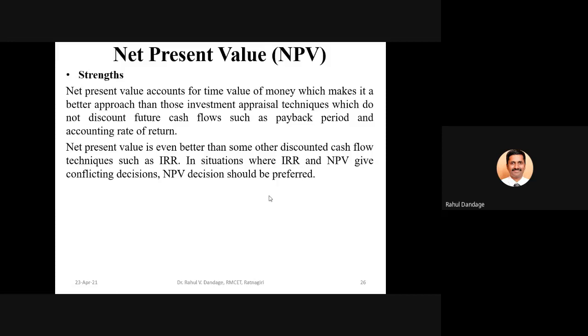So in certain situations where the results given by internal rate of return and net present value are conflicting, means if I apply net present value method, we say that the project should be accepted, and if we go for internal rate of return, maybe we get the decision that the project is to be rejected. In that case, the decision given by net present value method is always preferred.